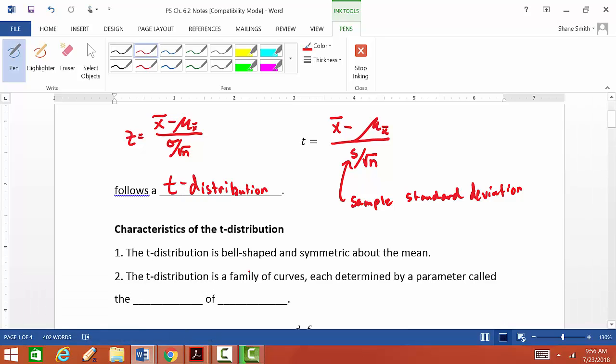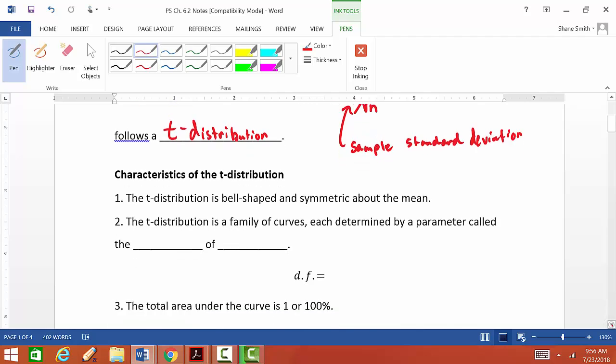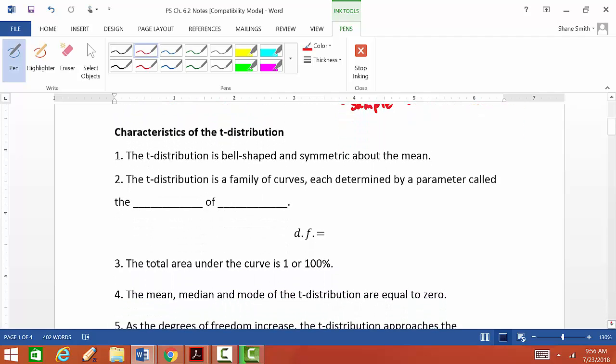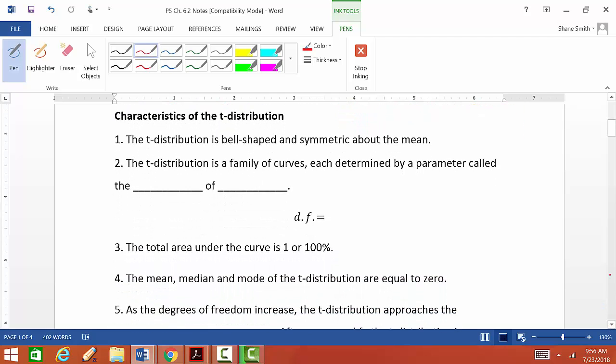Okay, so let's talk a little bit about the t-distribution, and then I'll talk more about when it's actually used. The t-distribution is very similar to a normal distribution. It's bell-shaped and symmetric about the mean, but probably the most distinguishing feature is that a t-distribution is actually a family of curves, determined by a parameter called the degrees of freedom, which uses a formula that you must memorize.